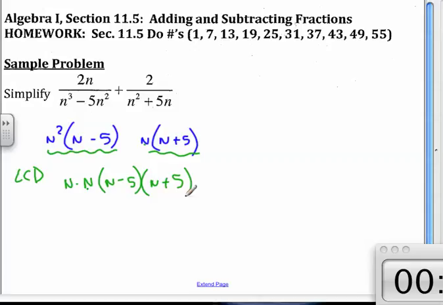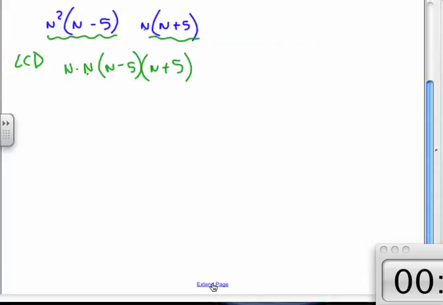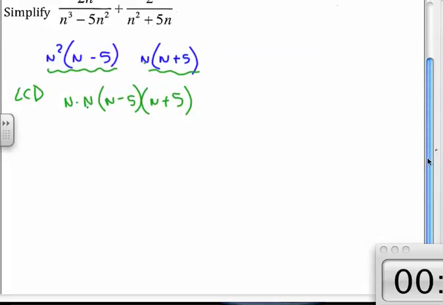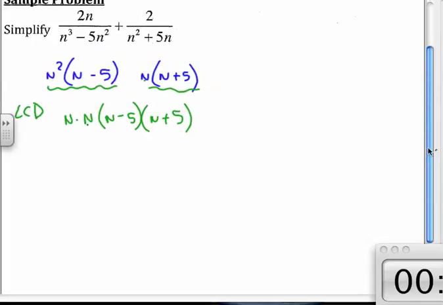All right? Fair enough. Let's give ourselves a little bit more room. Well, let me scoot this up just a bit. James, what did I add to the denominator of the first fraction?